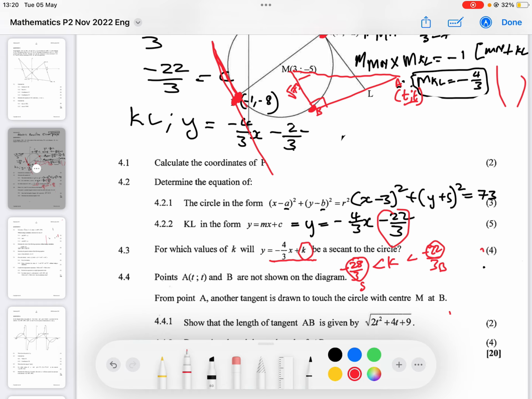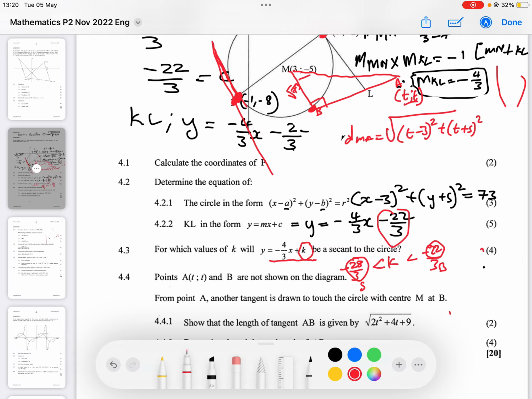So now I can use the distance formula. The distance of MA is equal to the root of (t minus 3) all squared plus (t plus 5) all squared, right?